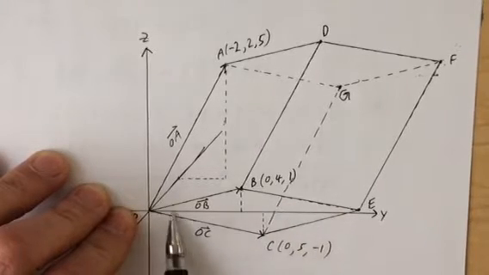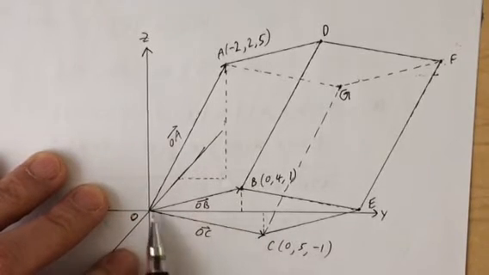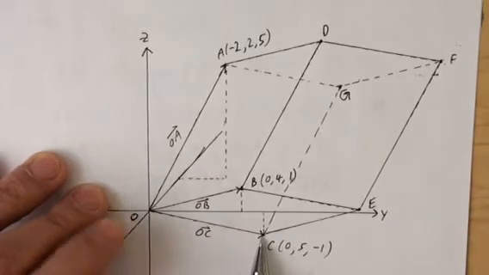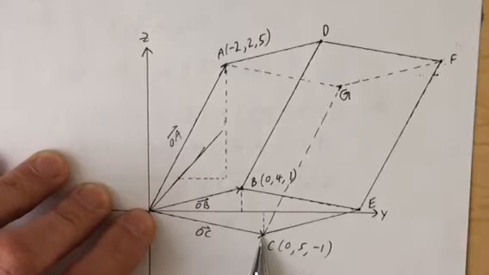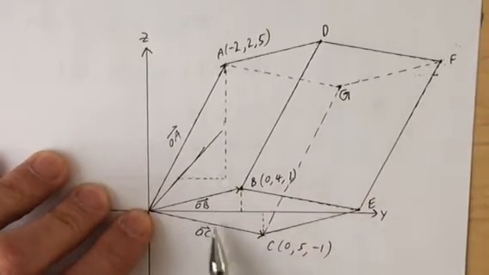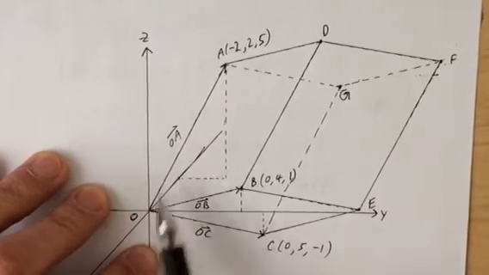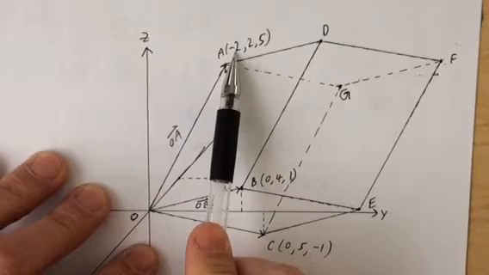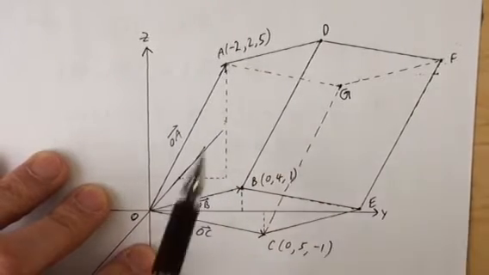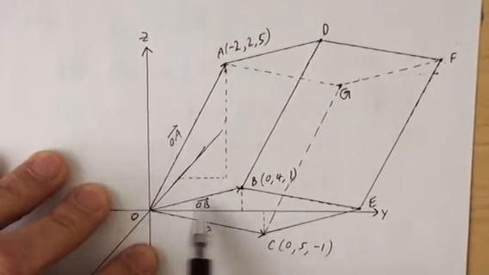Now I have a parallelogram here. That's actually the front face, because these two vectors, OB and OC, because the x-coordinate is 0, they're on the YZ plane. So they're actually right there on the face of this paper. Vector OA goes back 2 units in the x direction, so it's actually going into the page. Okay, so it's going downwards into that page, this one here. So this is the front face of the parallelepiped.